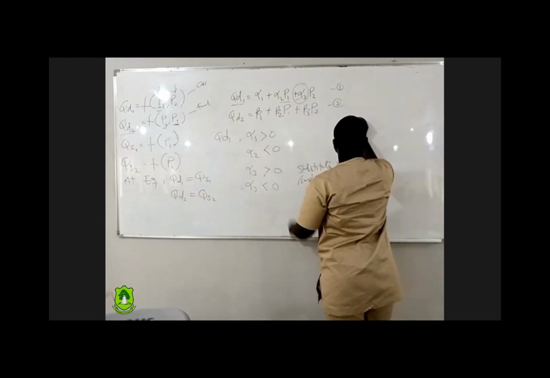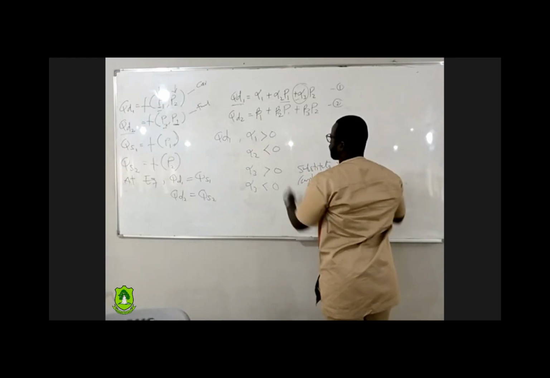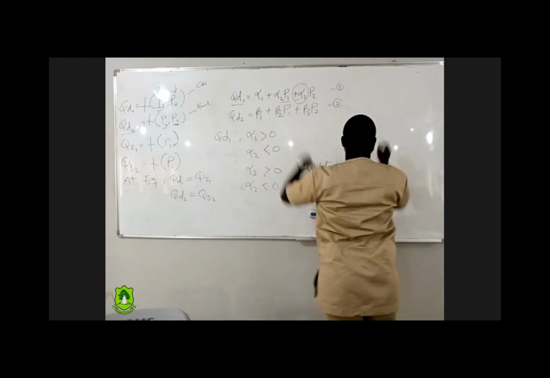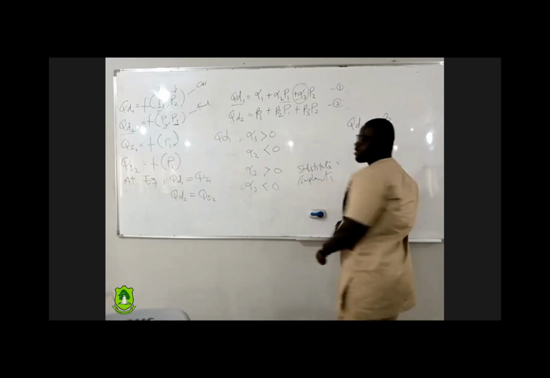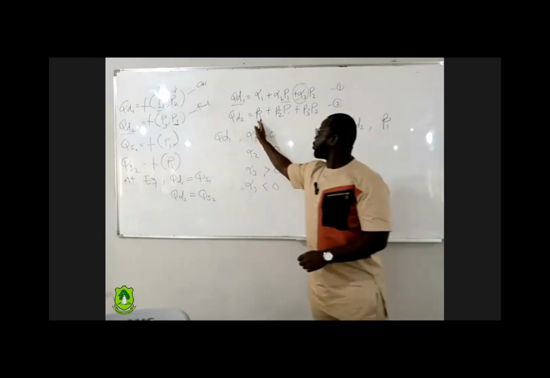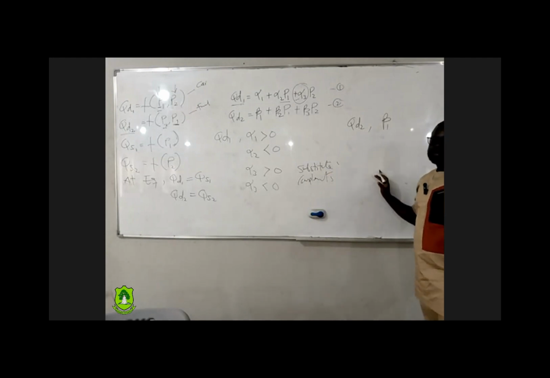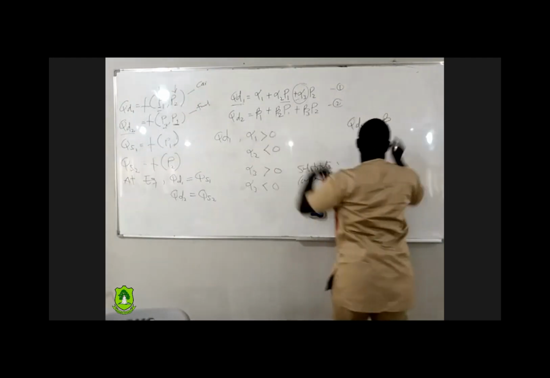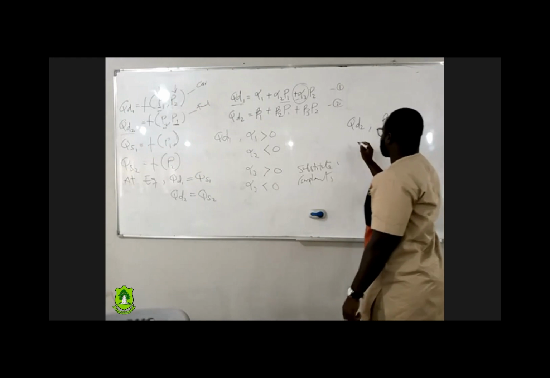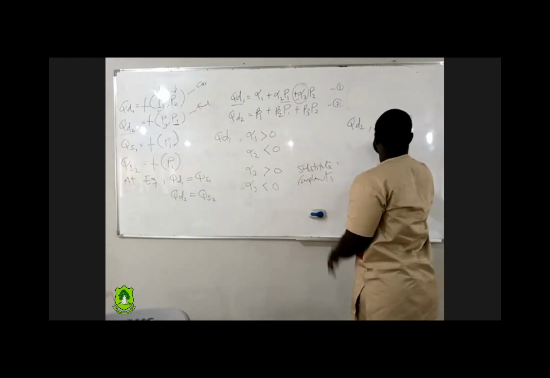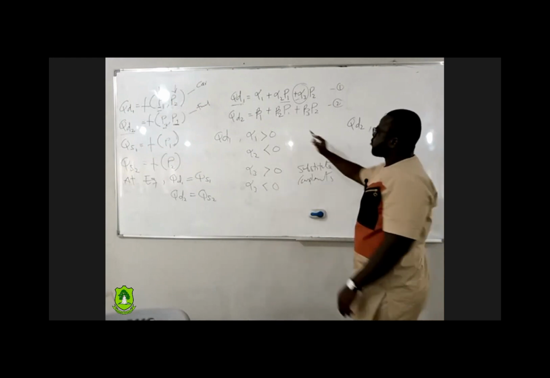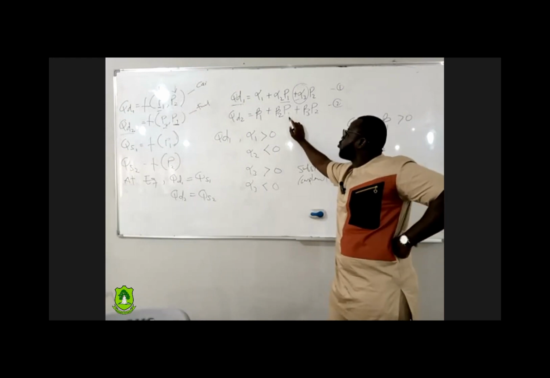So this is QD2. So here, beta 1, is it positive or negative? It should always be positive. We are still looking at the demand. So here it's positive. Where is beta 2? Will it be negative or positive?